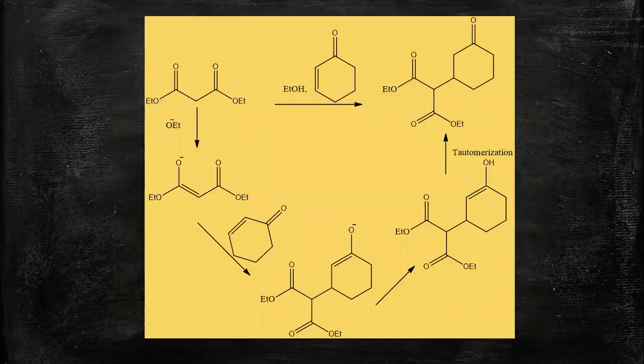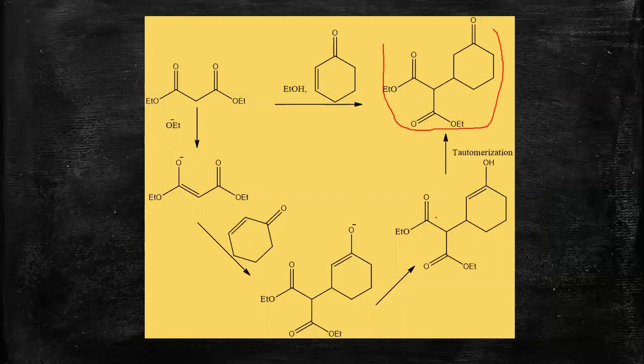Let's have another example in which we have more electron withdrawing groups. Like here we have an ester group on both sides of the methylene. So this reacts with this cyclic structure, or cyclic alpha beta unsaturated carbonyl compound, and the resultant product would be this.